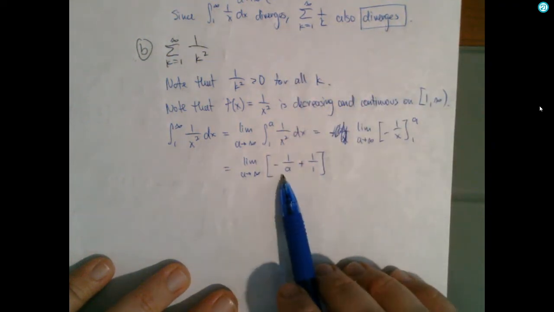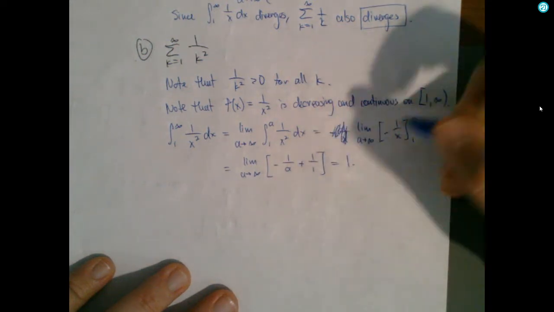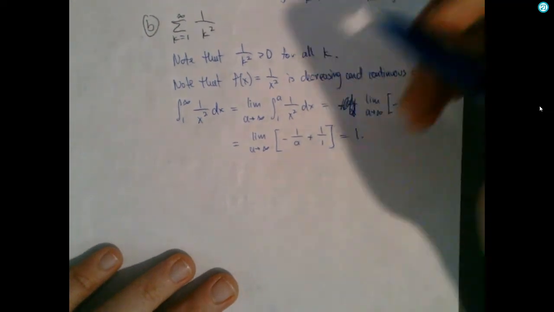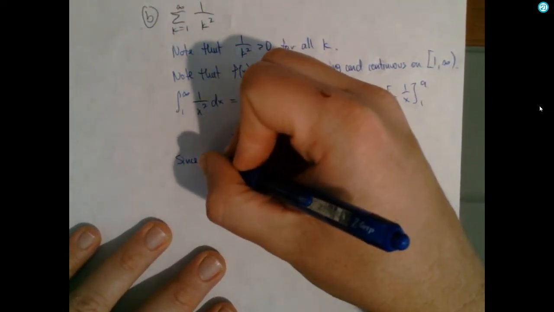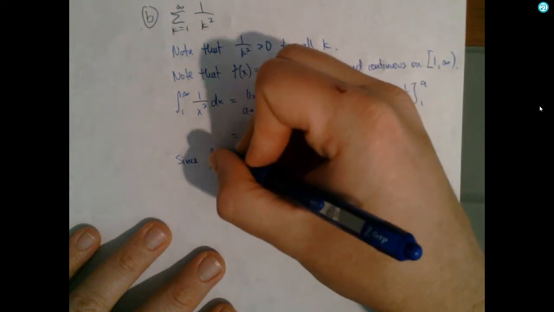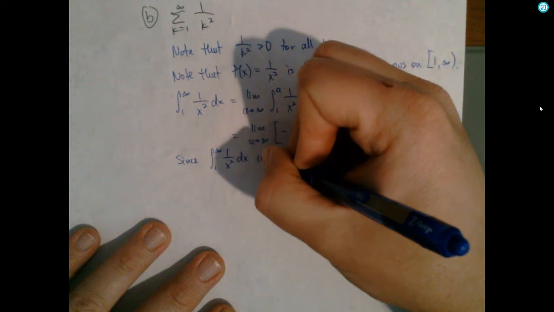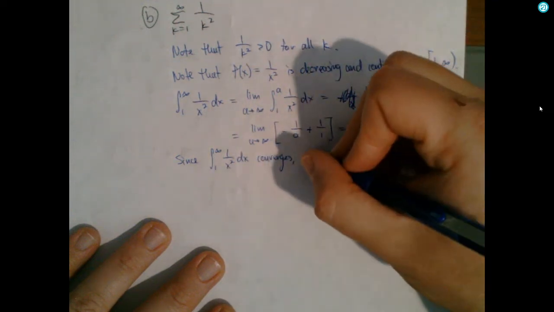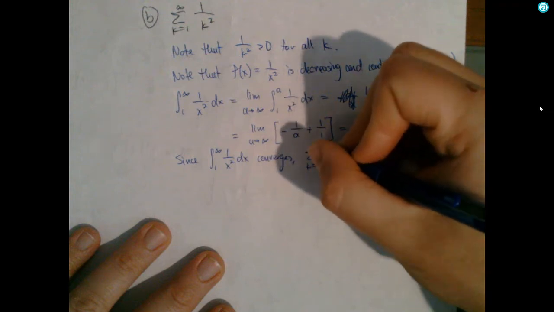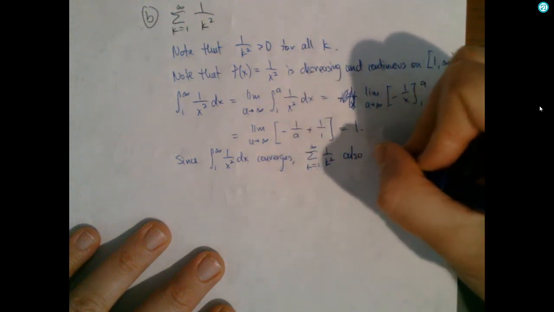Now, as a goes to infinity, this thing goes to 0, so you just get 1. And so since this integral converges, the series also converges.